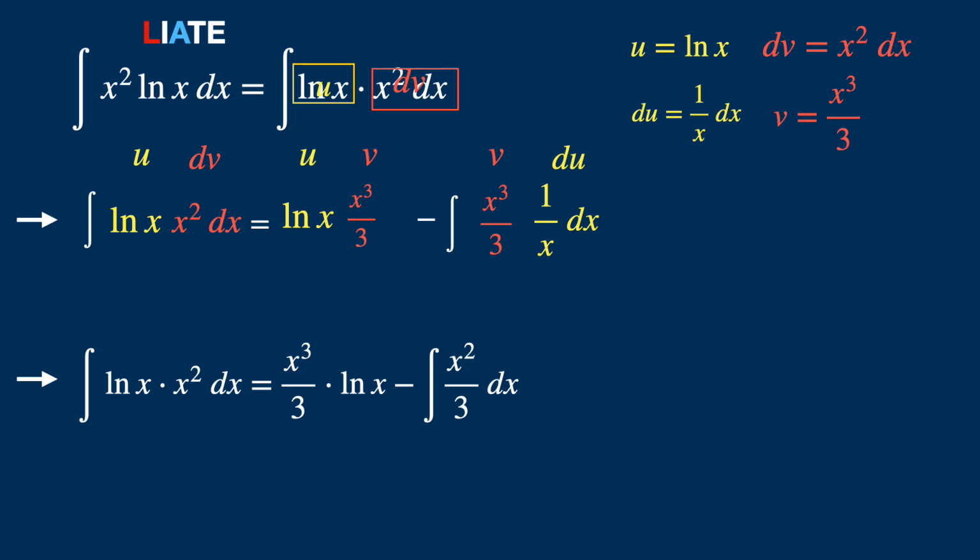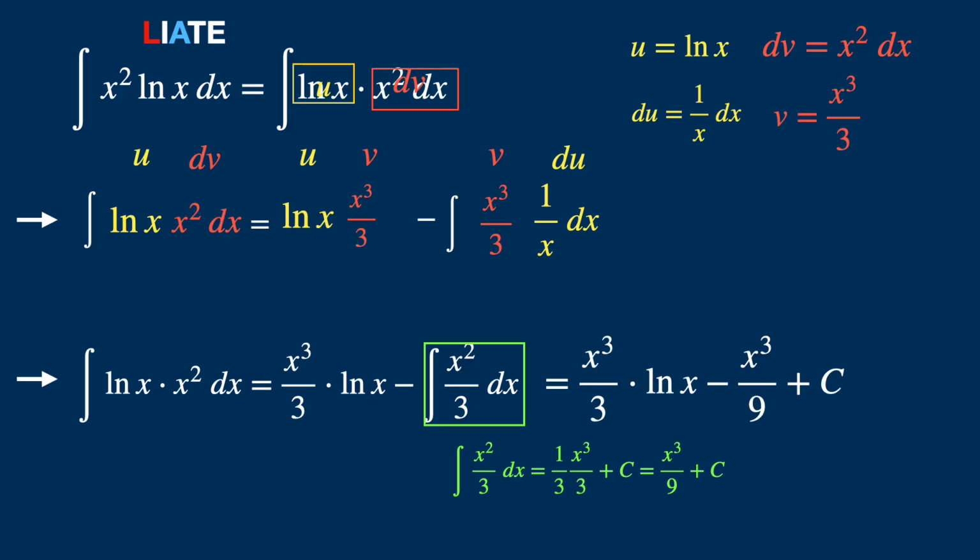Let's find the antiderivative of x squared over 3, guys. That's 1 over 3, a constant, times x cubed over 3 plus c. 3 times 3 is 9, x cubed over 9 plus c. That's the antiderivative. Now you plug back into the original: x cubed over 3 times ln x minus x cubed over 9 plus c. Okay?